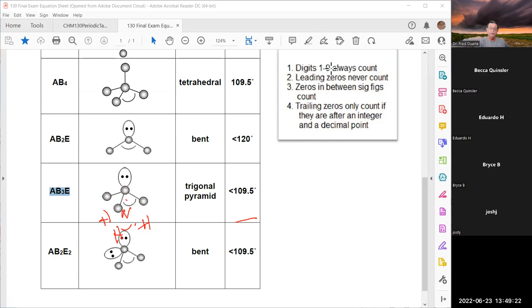This is the structure for water, AB2E2, 2 lone pairs on the central atom, which is oxygen, and water is the most polar species we have. Very polar, again, because of the lone pair being on the central atom.